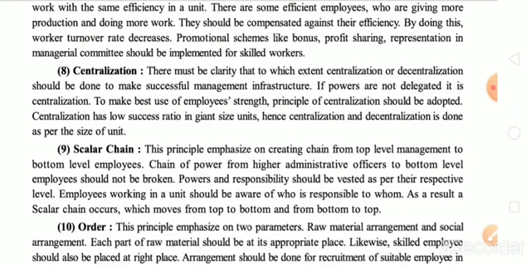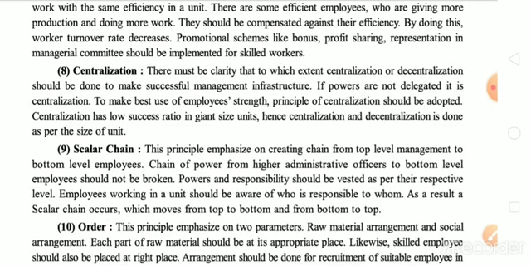But if the organization is of a medium term and long term, meaning there are more than 100, 200, 500 or 1000 workers working in the organization, it is advisable to have decentralization.